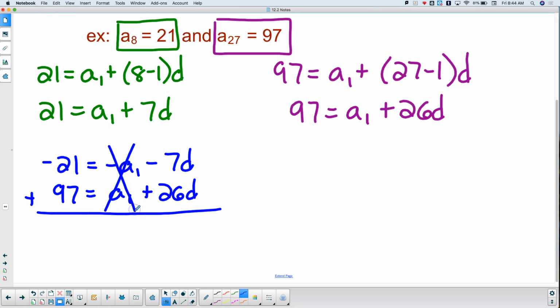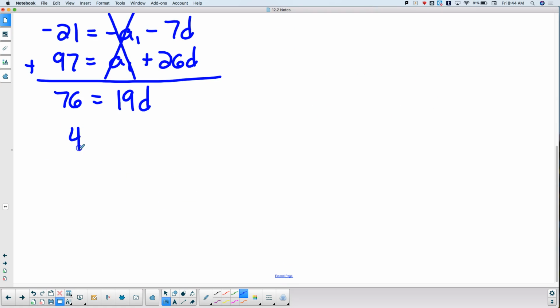My first terms are eliminated. Negative 21 plus 97 is 76. Negative 7 plus 26 is 19. 76 divided by 19 is 4. So D is 4. Agree?